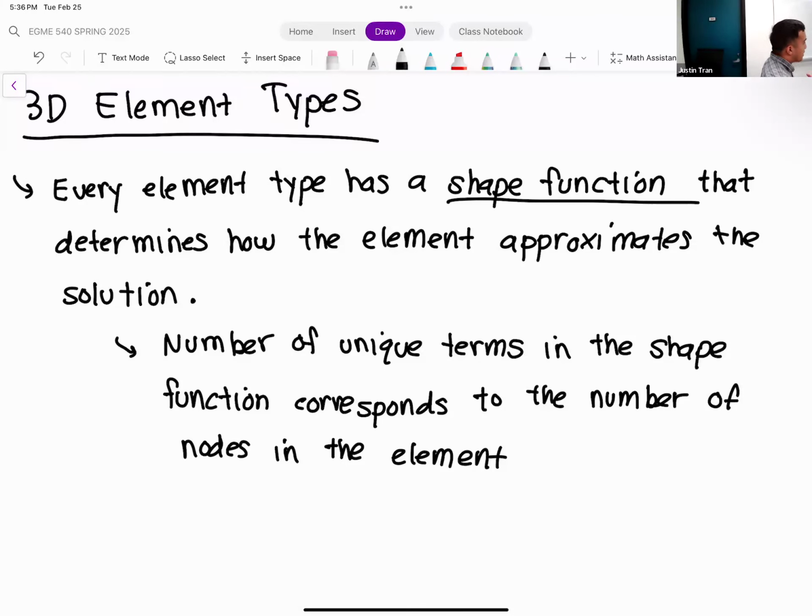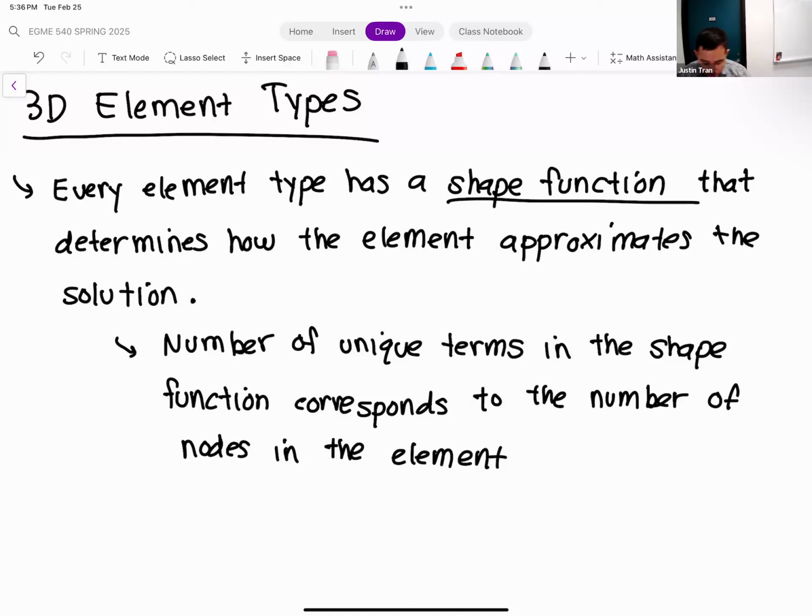One thing that we saw last Tuesday was that as our elements got more complex, as we went to a quadrilateral, as we added mid nodes, this increased the complexity of our shape function.